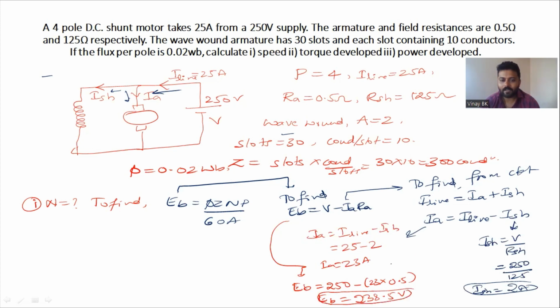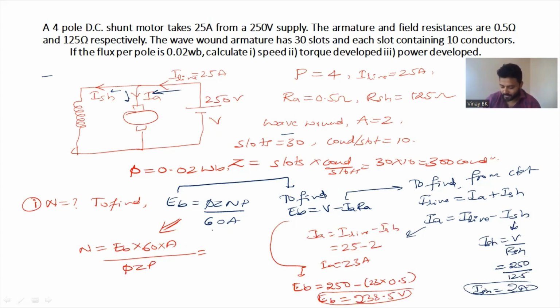Once after getting the value of EB, to calculate speed, N is given by EB into 60 into A divided by phi ZP. A is nothing but 2 now because they are given wave wound. So EB is 238.5.